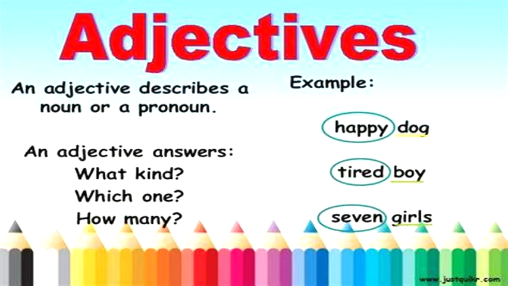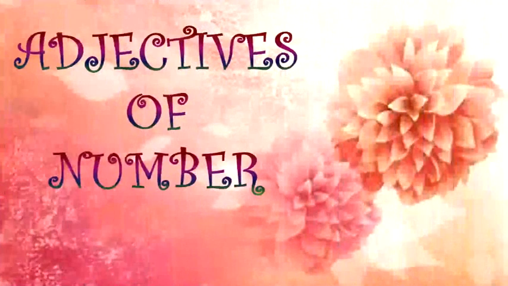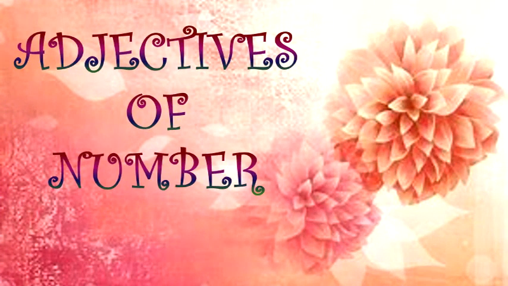Okay, let us see which category of adjective we need to learn today. So, dear children, today we are going to learn about adjectives of number. Now, number means 1, 2, 3, 4, 100, 500, right?